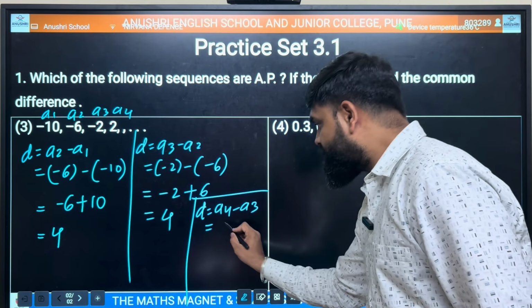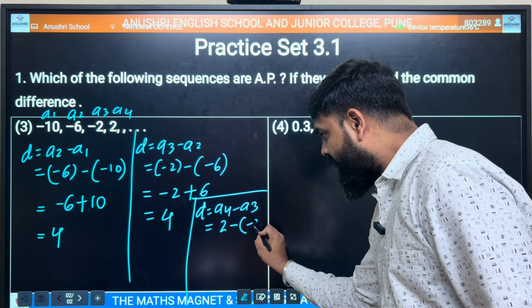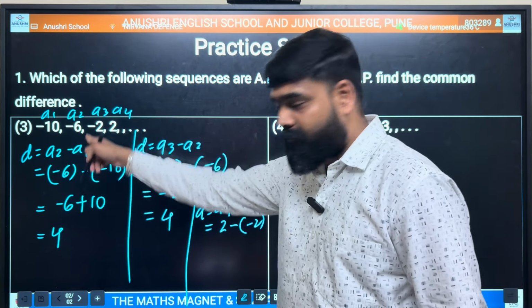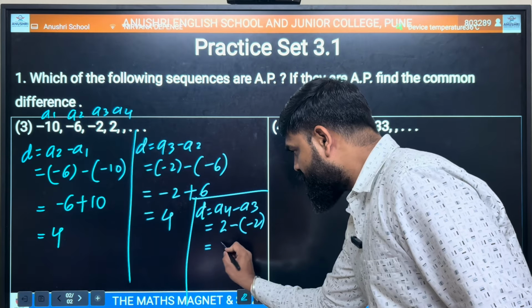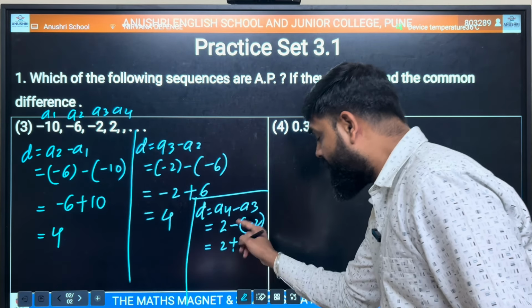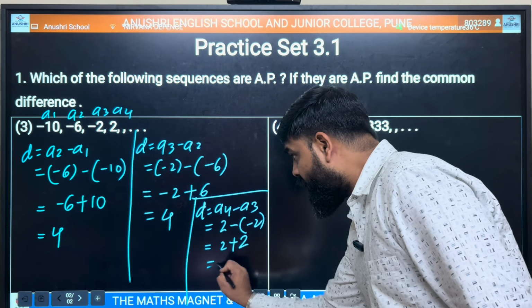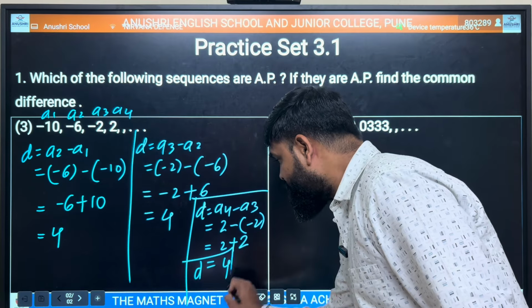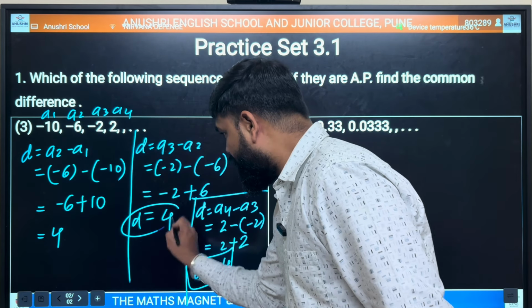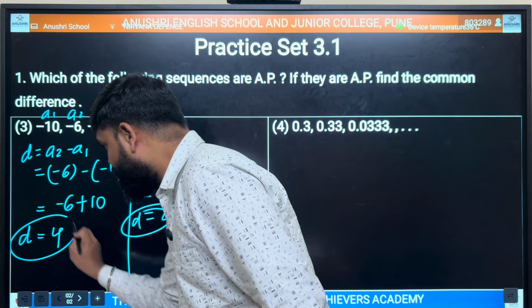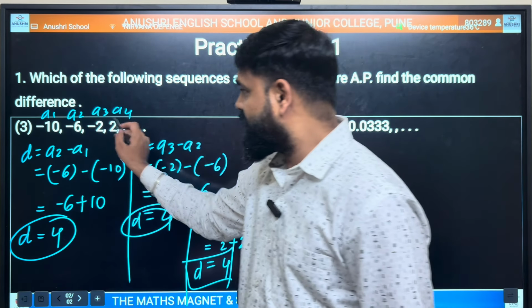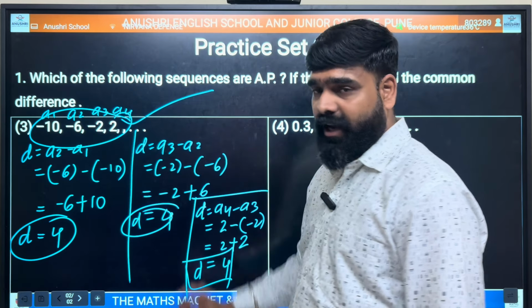So A4 is 2, minus minus 2, so 2 plus 2, and we also got D is equal to 4, and this is also D is equal to 4. So it means that this given sequence is an AP.